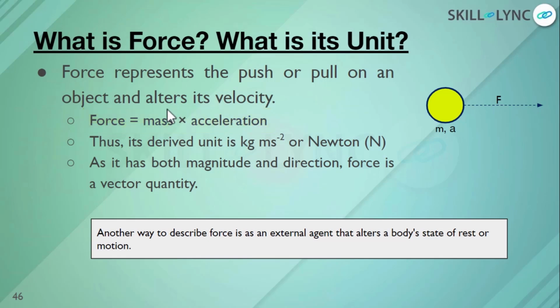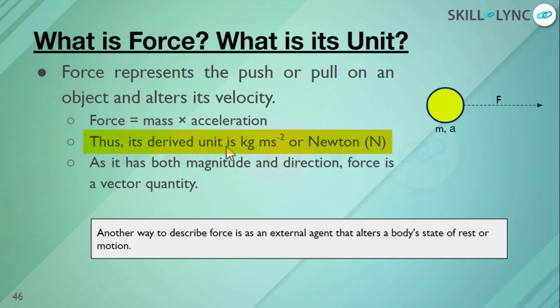Since it alters the velocity, there will always be an acceleration. The picture depicts the same: a body of mass m moving with an acceleration a. It is due to the force that this happens. Force would be equal to mass into acceleration.